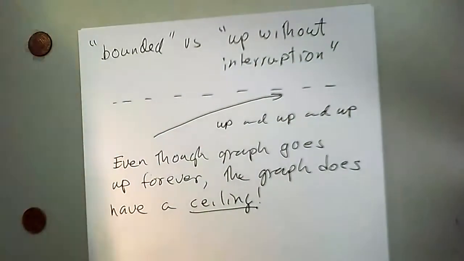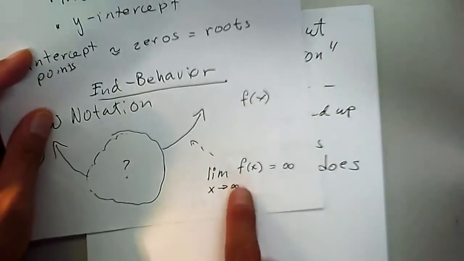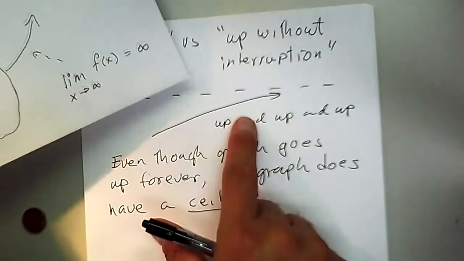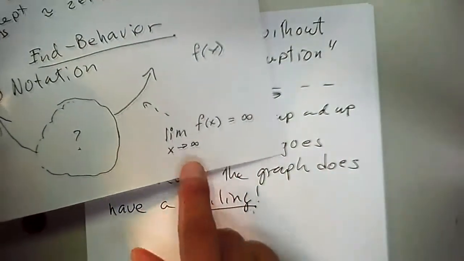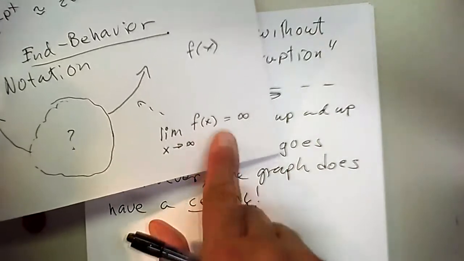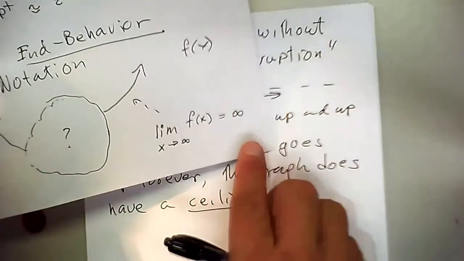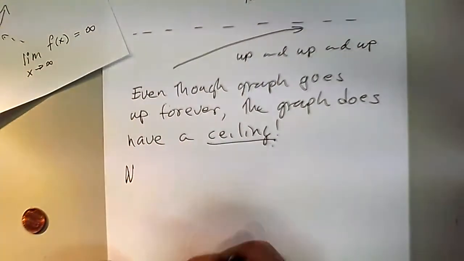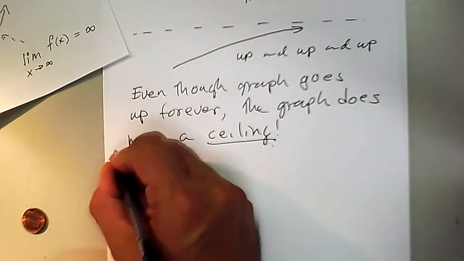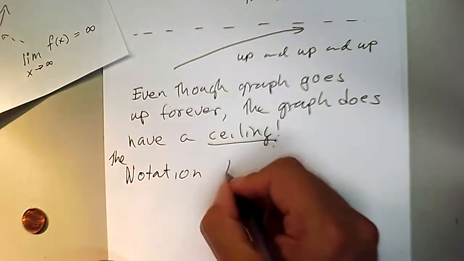Okay, that's not what we mean with this notation. That notation does not include this. So that's the one thing I want to emphasize. No. When we put infinity here, that means that there is no ceiling. So the notation, oops, I meant to put the notation. Okay, limit.